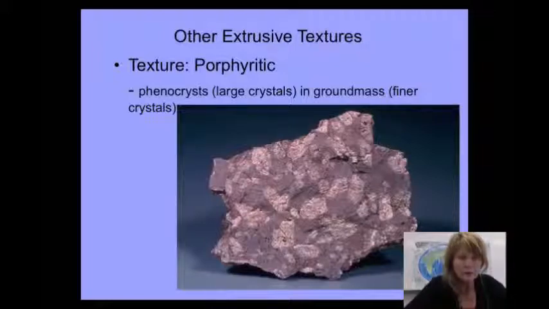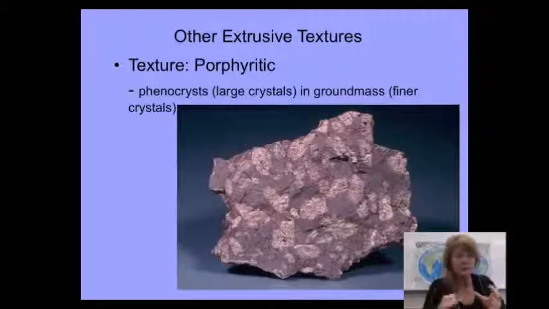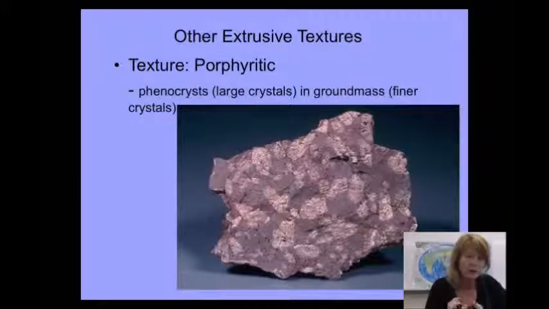And some of the minerals that have a higher melting temperature form first. So you kind of have this magma soup with some chunks of mineral crystals in it. Maybe they've been forming for a long time, so they get really large. Then something happens, and that magma goes up to the surface.